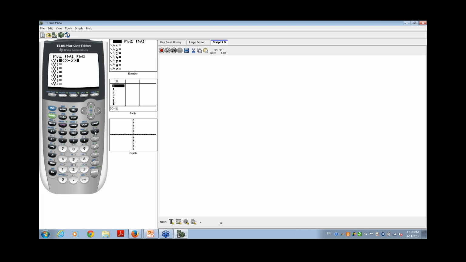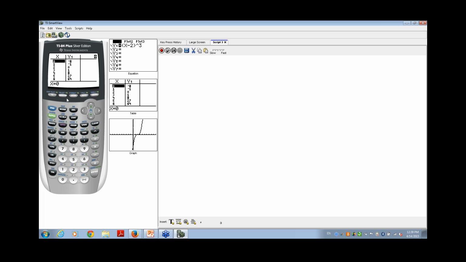You can use this caret here to raise it to the third power. Then let's just graph it to see how it looks. It's going to look like this because the basic function for x cubed is this wiggly vertical line. Now, if you press second graph, it already had values on it.